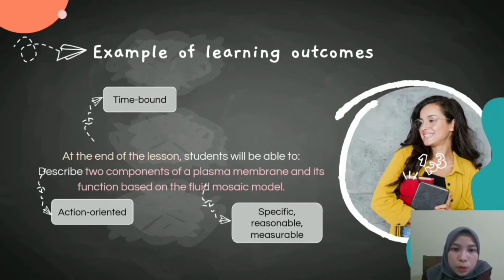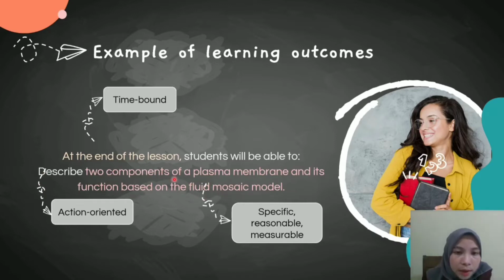I will give you an example of learning outcomes. A good learning outcome based on the SMART formula. So, the phrase: at the end of the lesson, students will be able to describe two components of a plasma membrane and its function based on the fluid mosaic model.